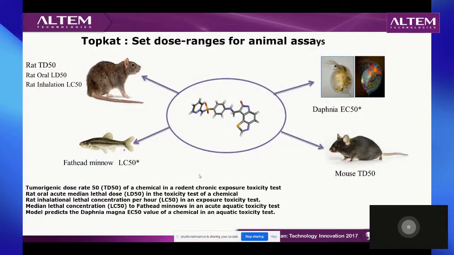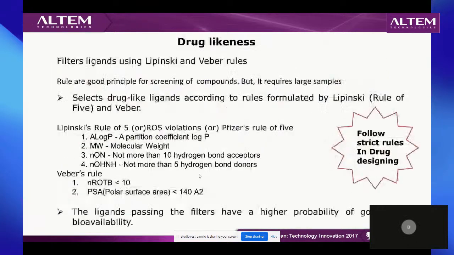In terms of dosage ranges, you can also get a predicted rat TD50 value, oral LD50 value, inhalation value, and environmental models like fathead minnow LC50 and Daphnia EC50. So you can come up with the compound's nature and dosage ranges before going to in vitro technology.